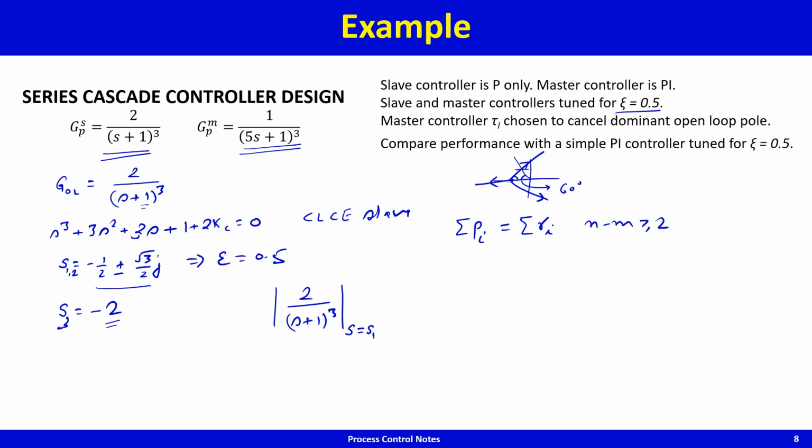So just calculate the absolute value of this, take its inverse, that is going to be Kc. I think this will turn out to be, you can do the algebra, or we can also do it the other way. It turns out that Kc is equal to half.